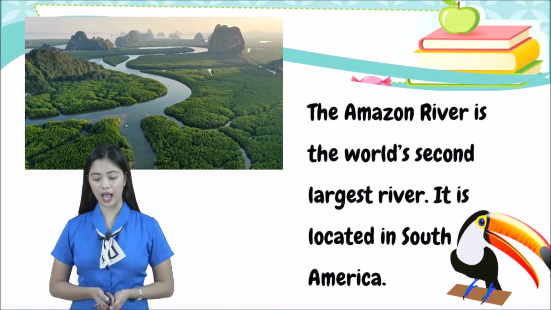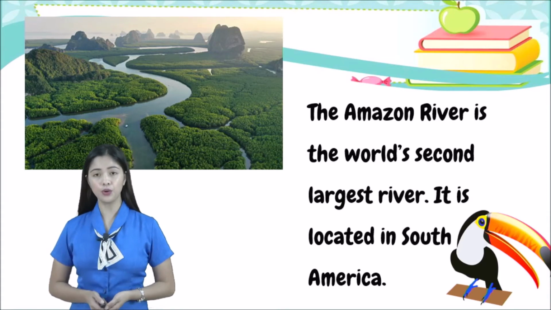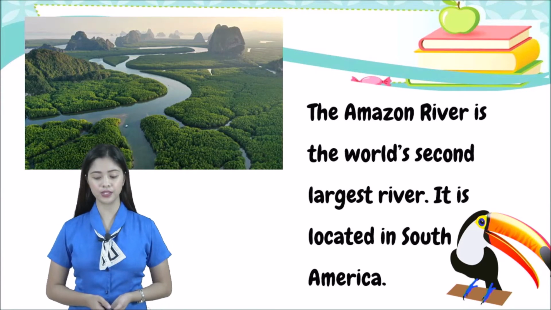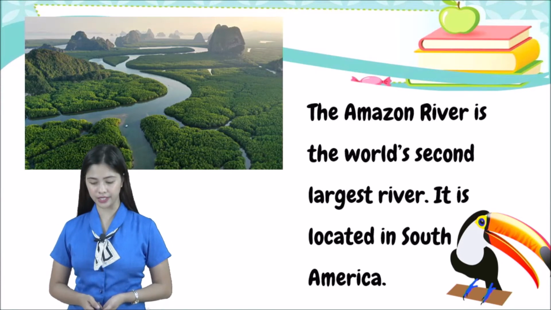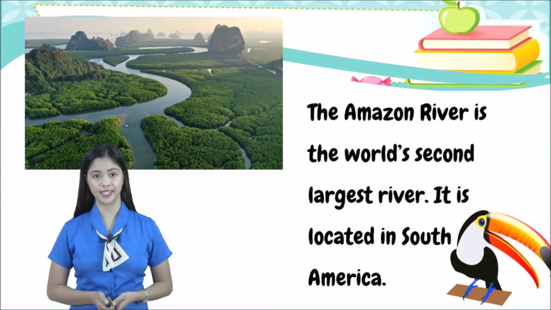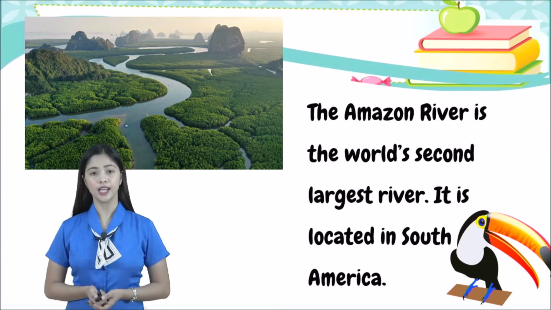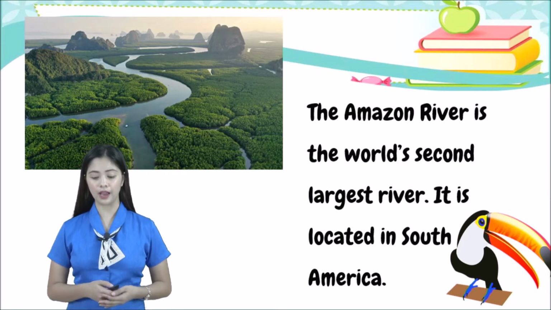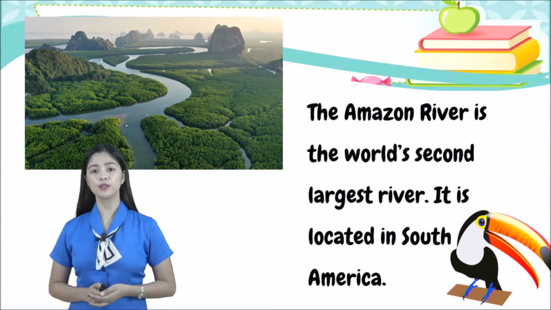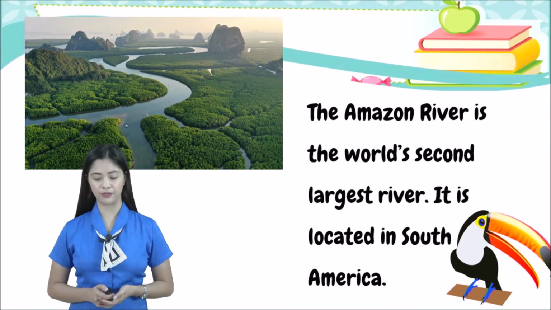The Amazon flows mostly in Brazil, but it also goes through 7 other countries. And it is surrounded by enormous rainforests. As you can see in the picture, kids, that is the Amazon River, and that enormous rainforest is what we call the Amazon rainforest.